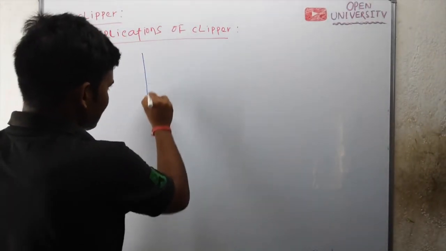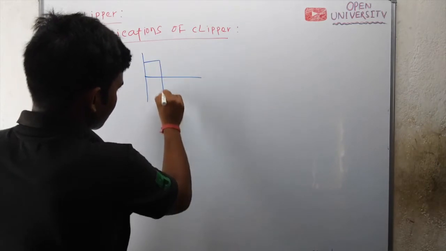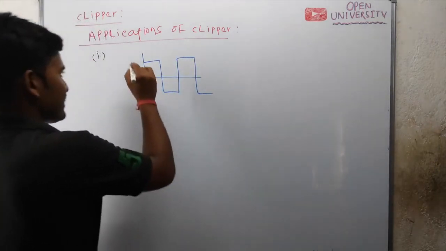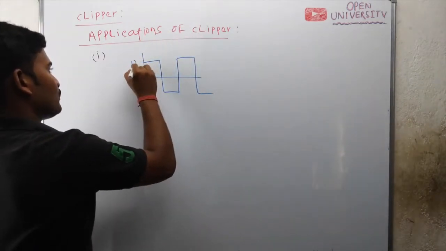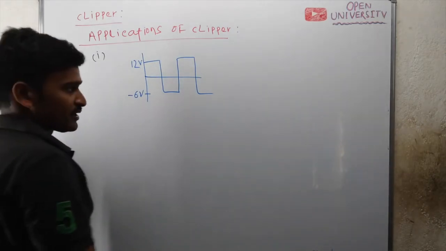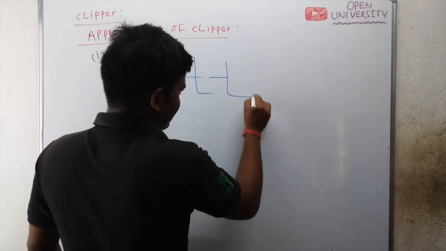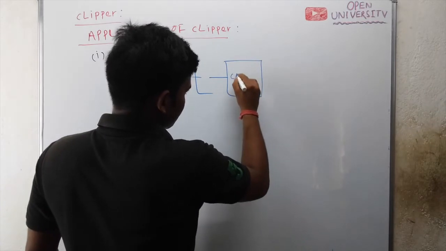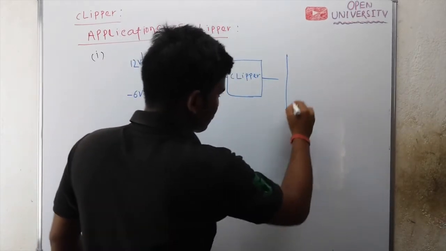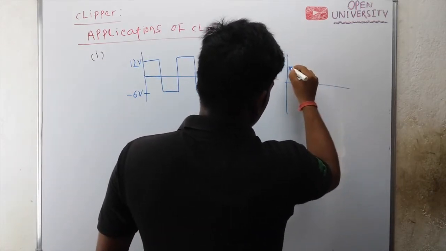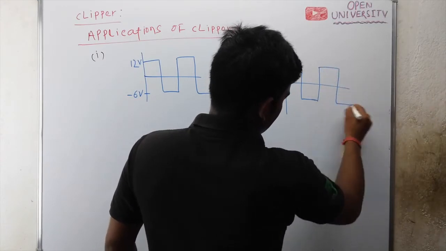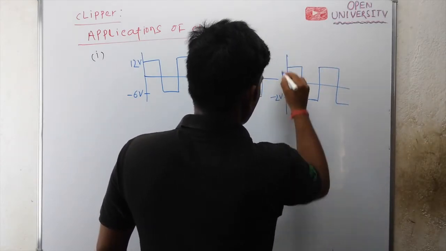Suppose you have a signal like this. If you have a square wave signal which is varying from minus 6 volt to plus 12 volt, and you apply this signal to a clipper, then the output of the clipper will be somewhere between minus 2 volt to 4 volt.